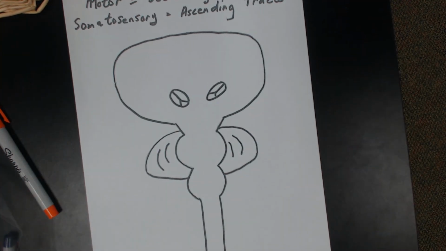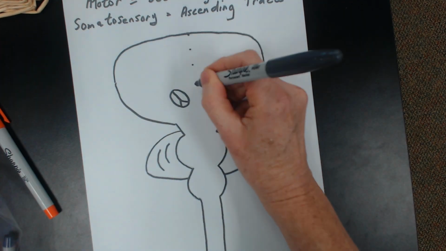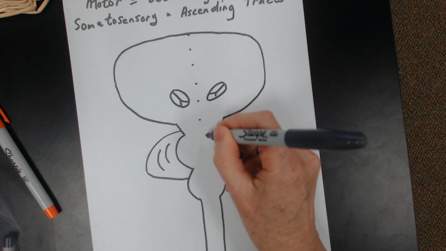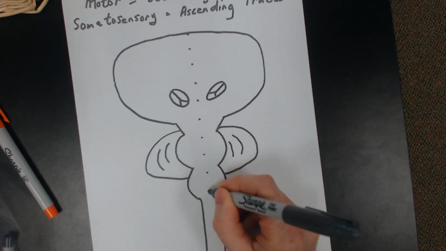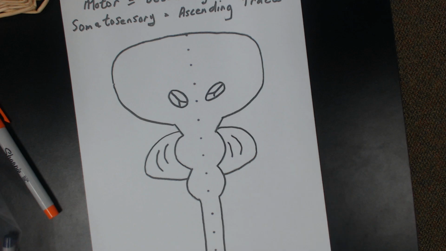What I'd like to do is draw dots down the center of this frontal section, because I'm going to choose to represent somatosensory on one side and motor on the other. That way it should be easier to see. Looking at this picture, you realize the cerebellum's in the back, so this is going to be my right side, this is going to be my left side.